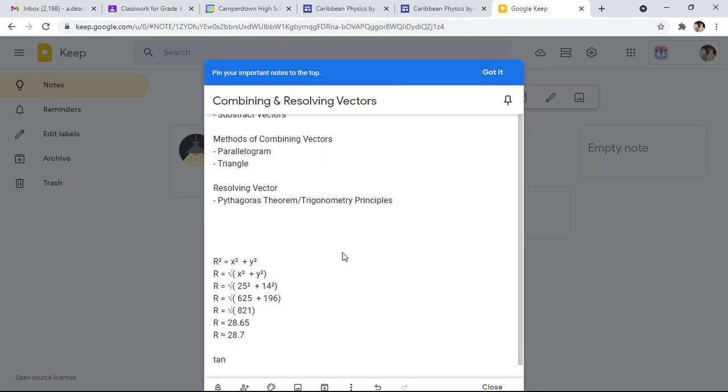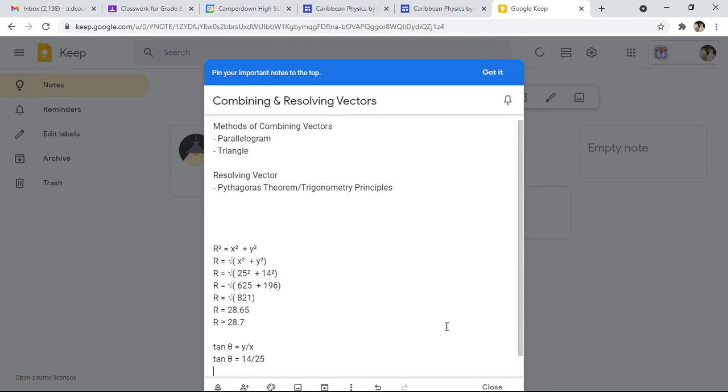Tan theta is equal to y divided by x. The y value divided by x. That will be tan theta equal to, the y value was 14, divided by 25.